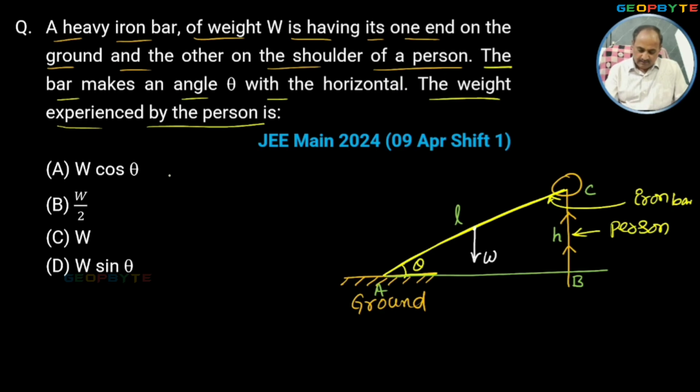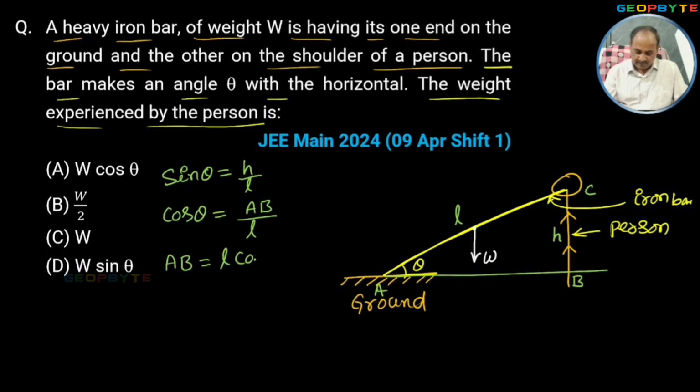Now I can write sin theta equal to h by L. Similarly, cos theta equal to AB by L, adjacent side by hypotenuse. From this, AB equals L cos theta.